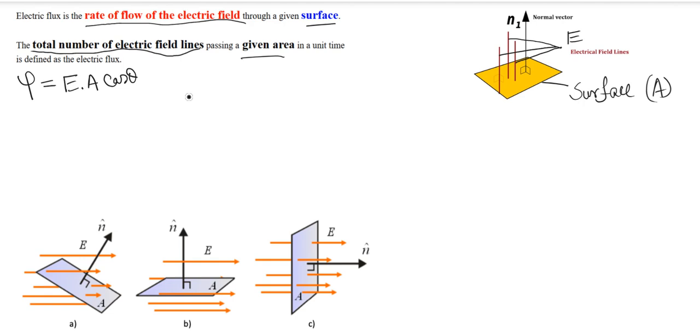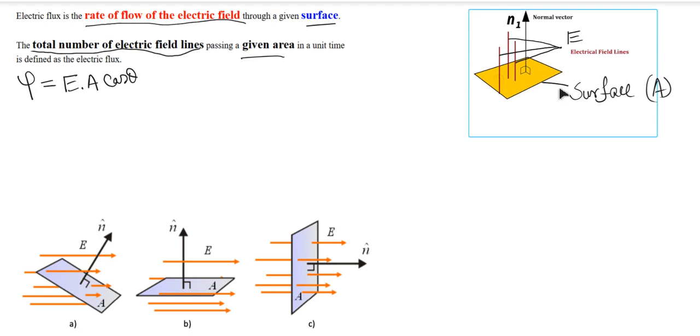Now we have to find out the maximum and the minimum value of electric flux. Before that, what is actually cos theta? Let's explain right now. This theta is the angle between the field lines and the normal of the surface.